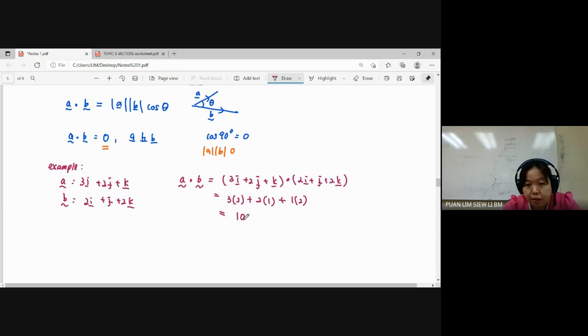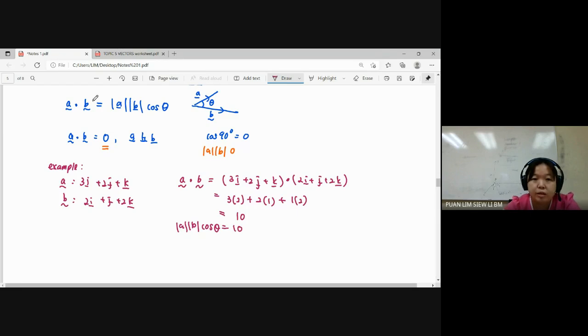So bila kita nampak ada jawapan bermaksud vector A dengan vector B di antara mereka ada angle. Sebab jawapan 10 ini adalah bahagian magnitude A darab magnitude B darab dengan cos theta. So kalau saya nak cari angle-nya, kita nak cari angle between this AB, so kita boleh masukkan magnitude A, magnitude B, cos theta adalah 10.